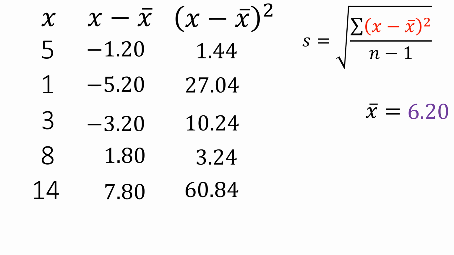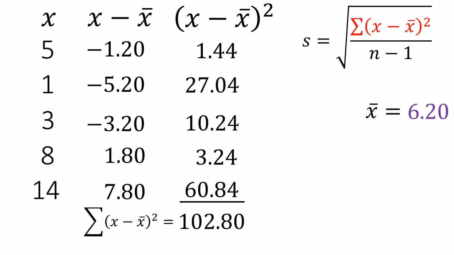And then last is we have sum of the square of x minus mean. So we're going to get the sum of the last column. So that's 102.80. So we're going to put that in our formula to calculate the standard deviation.